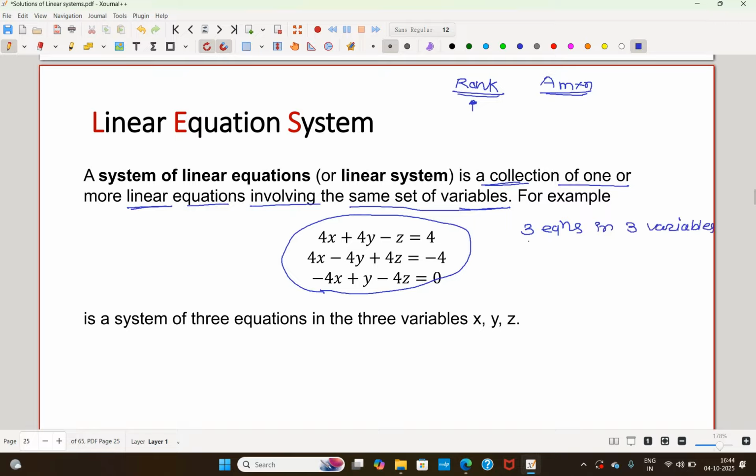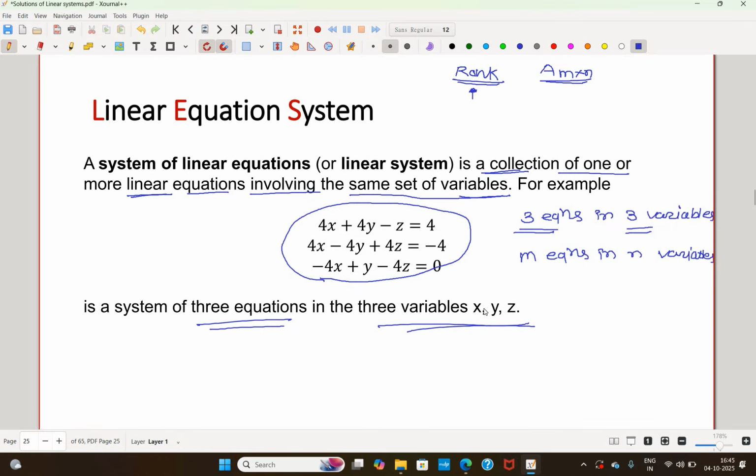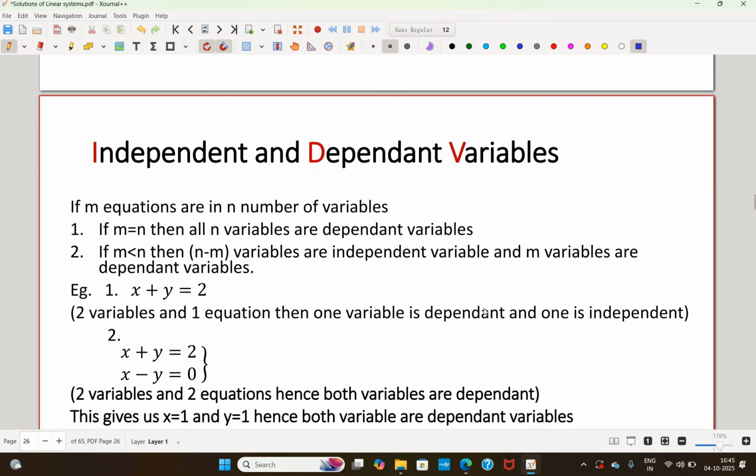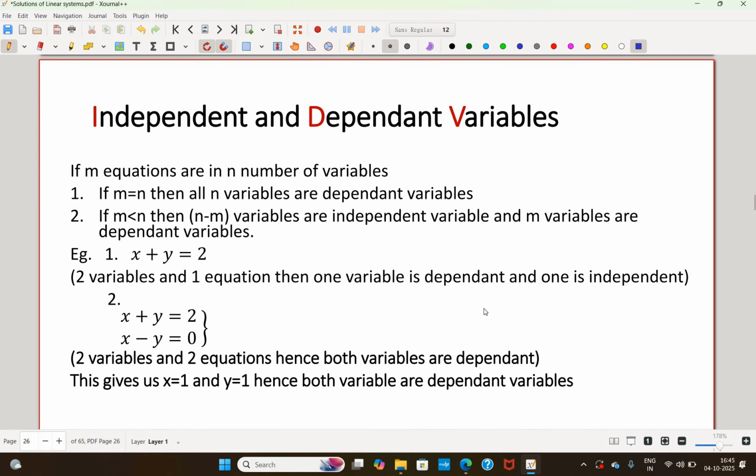Many times when the number of equations is equal to the number of variables, such systems are called square systems. Else we may have m equations in terms of n variables. So here we have three equations in terms of three variables x, y, z. Such a system can be converted into matrix notation, and further we can find the rank, and with the help of rank we can solve this system as well.